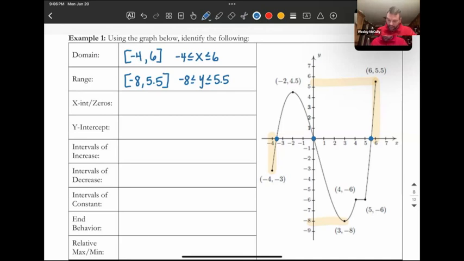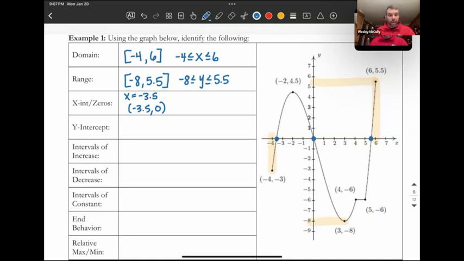So the x-intercepts are the values x equals, a little bit past negative 3.5, but we'll just approximate that at negative 3.5. And that x-intercept is given by the point (negative 3.5, 0).